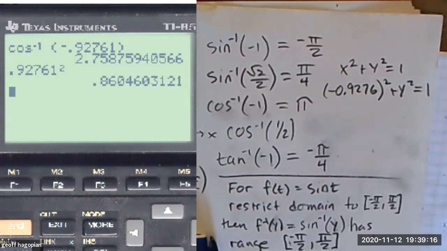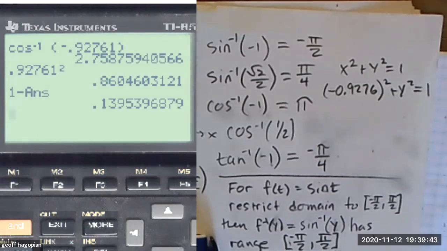And if I subtract that from 1, how do you do that? Well, you can say 1 minus, and then there's a key that says the entry. Oh, I screwed that up, I guess. 1 minus, oh, it's this key here, the previous answer. And that's the square of y, right?